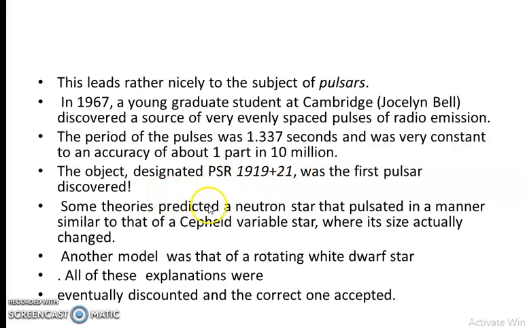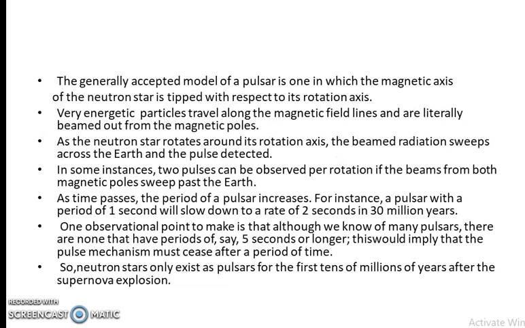Some theories predicted that neutron stars pulsated in a manner similar to the Cepheid variable stars. In Cepheid variable stars, the size actually changes. The second model is that there is a rotating white dwarf. But these explanations were wrong, and the actual cause of the pulsation is different.